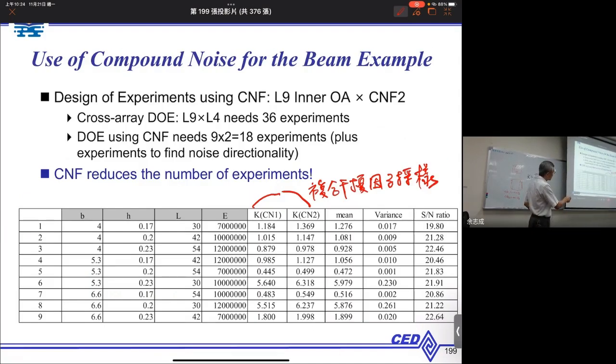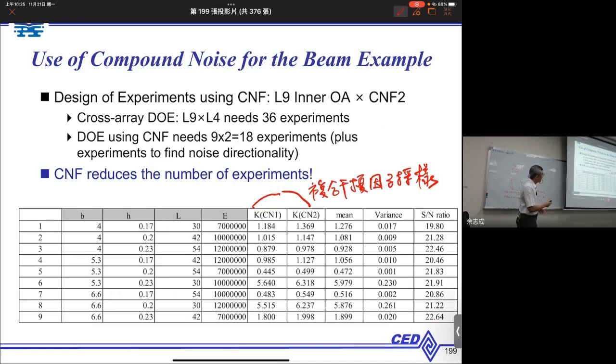Under the influence of the noise factors, this dimension will be different, right? So you can change the actual dimension and get what will be the corresponding stiffness under the influence of compound noise 1. Same thing, noise 2. The rest are the same. From these 2, you can get mean, variation, and SN ratio.